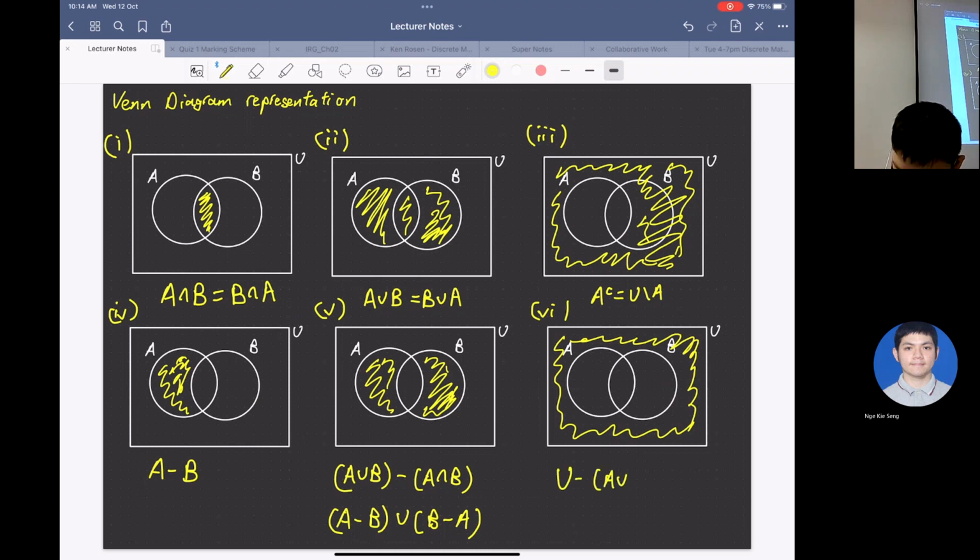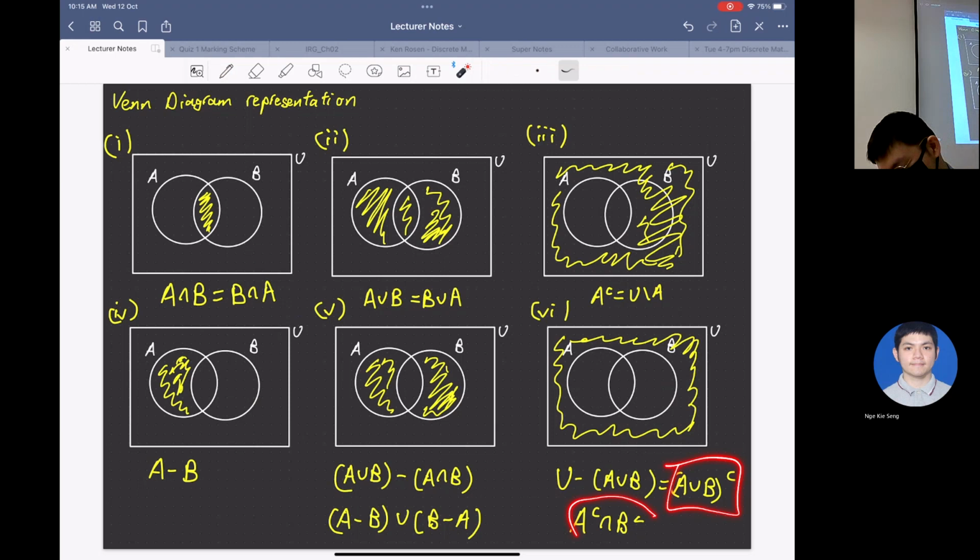A union B complement is the answer. Actually, I also can write A complement intersect B complement. Yeah, so how I come across, yeah.